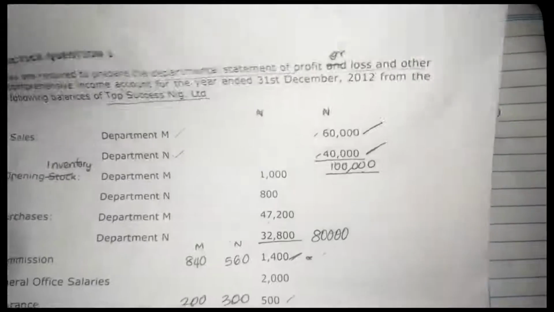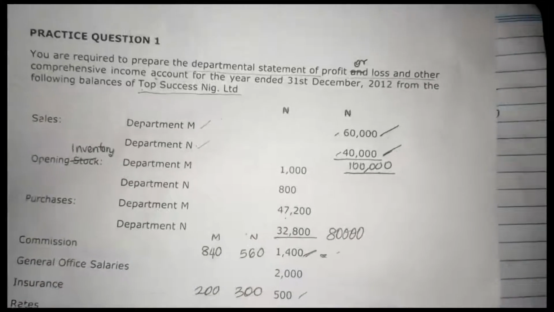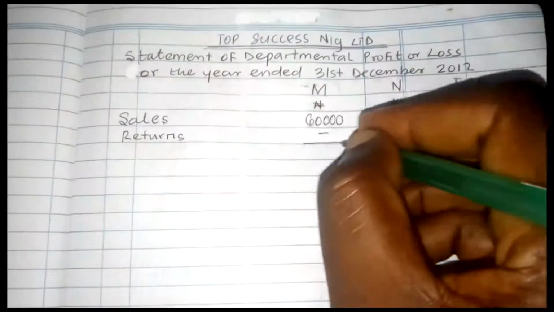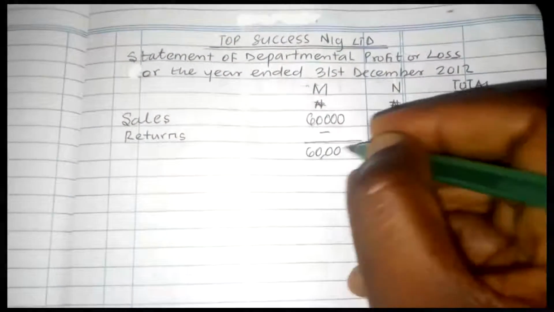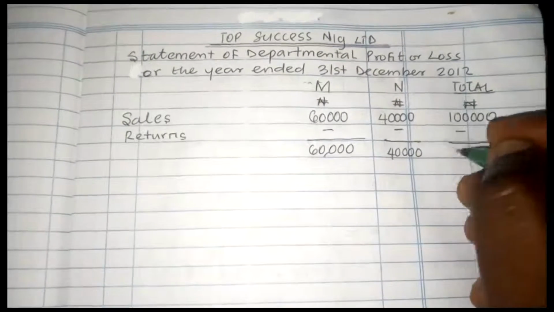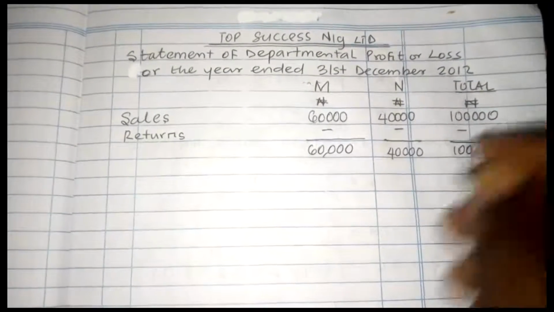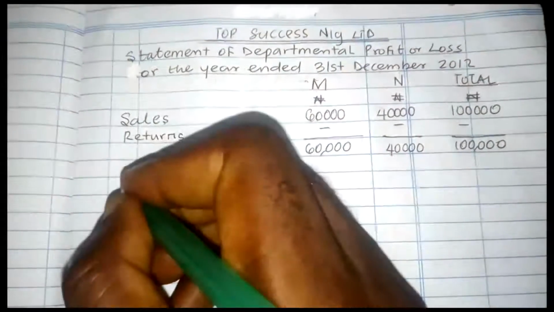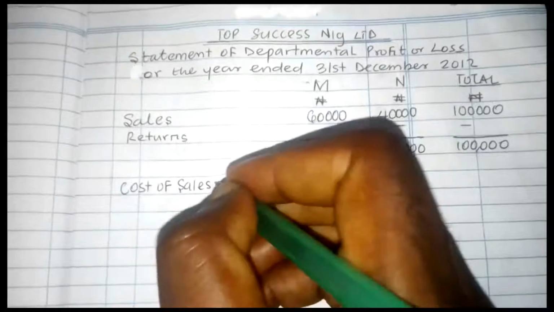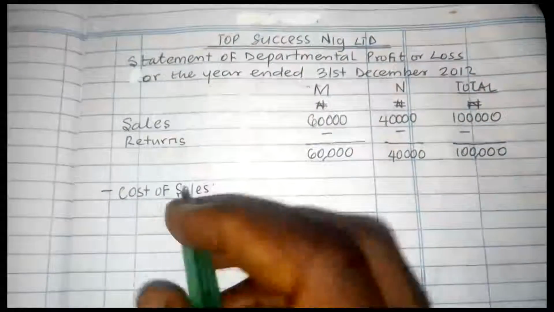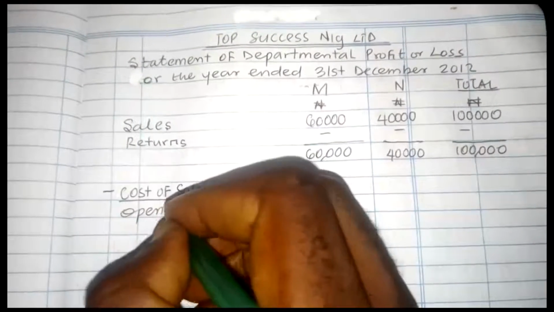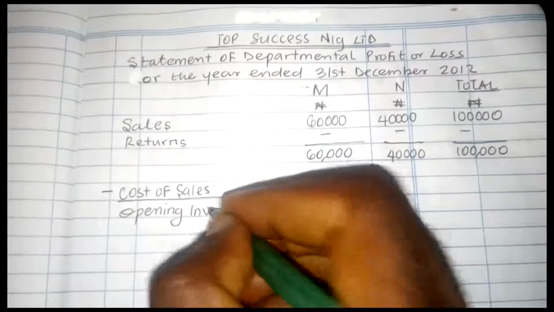There is no return in the question, so just put nil. Then we have 60,000, 40,000 and 100,000. Then you write costs of sales, so that is less cost of sales. So you start with opening inventory.